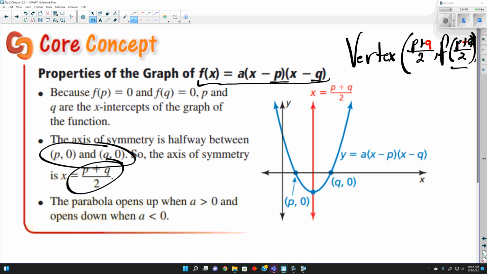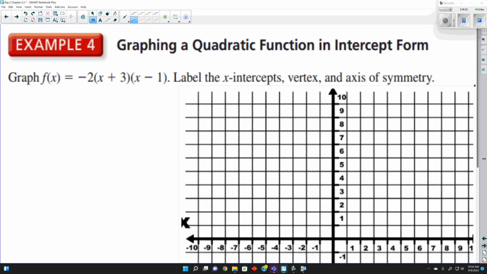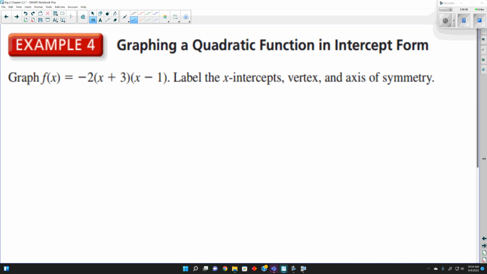So we're going to find these points here. And we look at our first example of this, it's going to make a little more sense once we see this. Now, the first thing we want to find are the x-intercepts. And the general form is going to be a times (x minus p) times (x minus q).